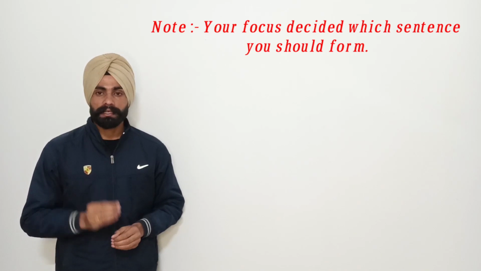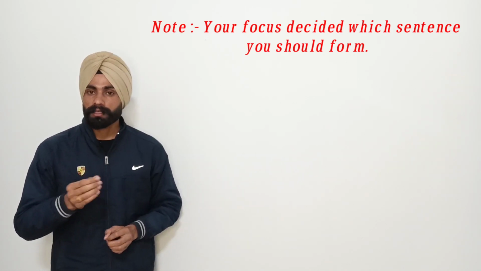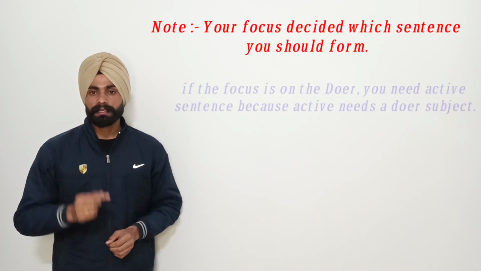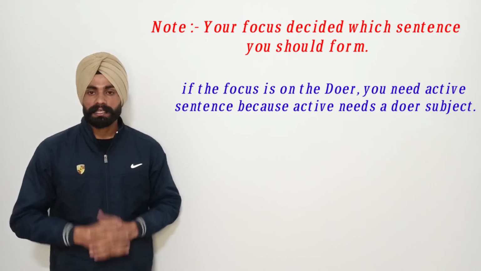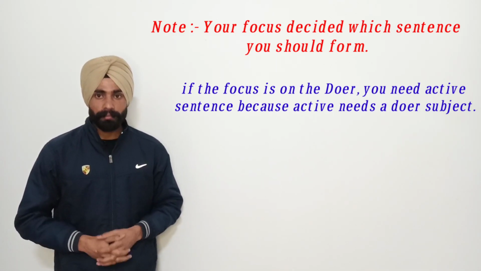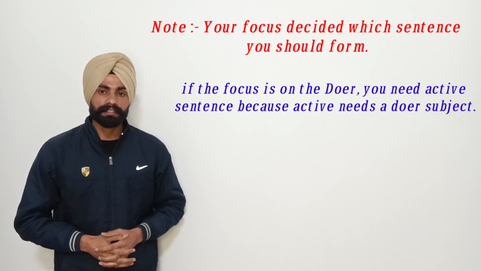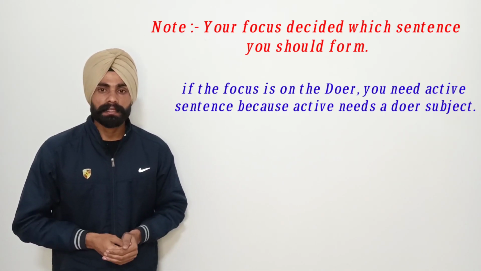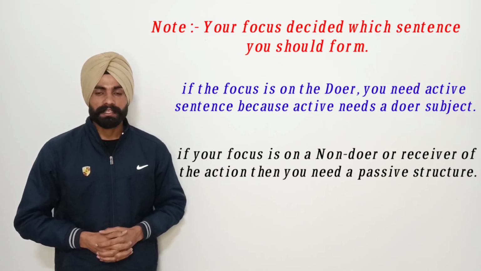The main thing is focus. Upon what things do you want to focus? If the focus of your sentence is on the doer, then you need to make an active sentence, because in an active sentence a subject can perform the action. But if you focus on the thing that can't perform an action, or we can simply say a non-doer, then you need to make a passive sentence.